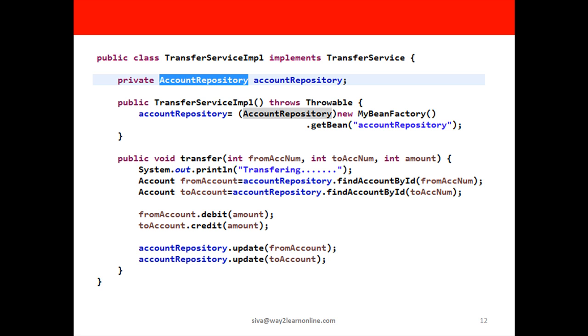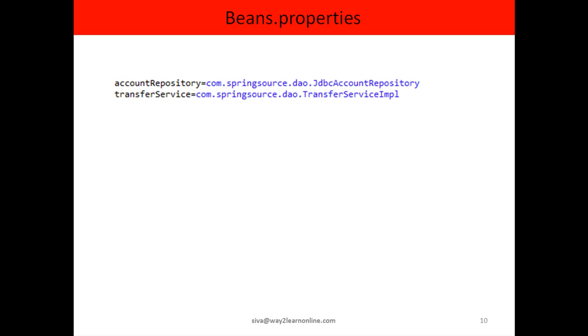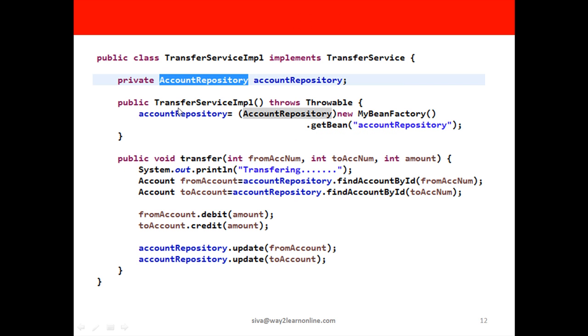What if tomorrow I want to use a Hibernate implementation of account repository? Do I need to change this TransferServiceImpl code? No. The only thing is, I need to change my .properties file and initialize this account repository with the Hibernate account repository class. That's all.